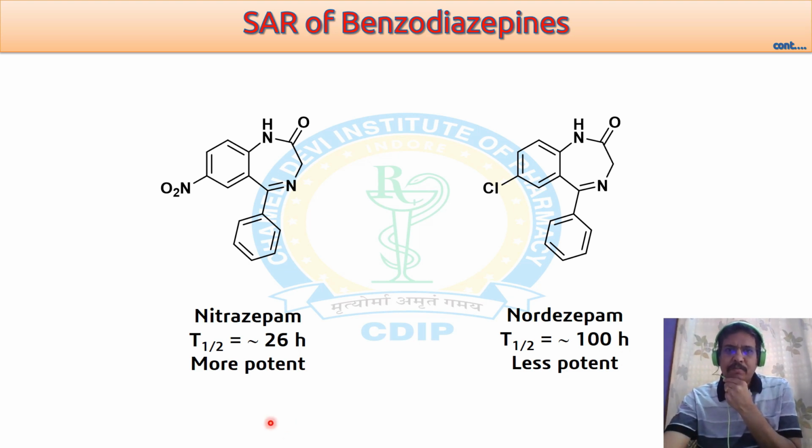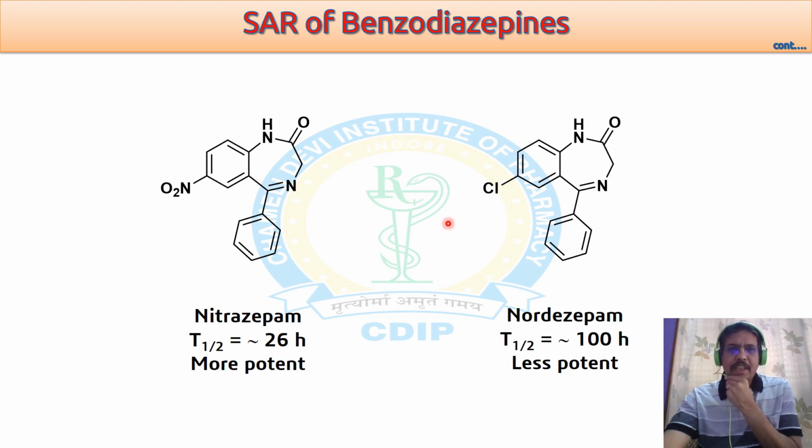And if you look potency wise, then this nitro derivative, that is nitrazepam, has a higher potency as compared to its counterpart, nordazepam, in which the substitution at the 7 position is carried out by means of a chloro moiety, which has somewhat lower electron withdrawing character as compared to the nitro group.